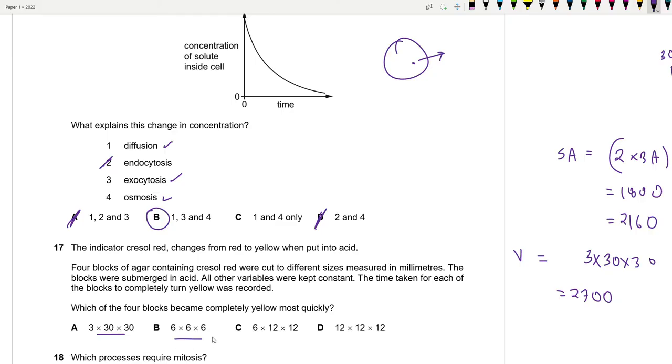Let's look at the other ones. So here the volume is actually 6 into 6 into 6, which is 216. Here we could find out the area pretty easily. 6 times 6 gives us one area, that's 36 millimeter square, times 6 gives you the area.